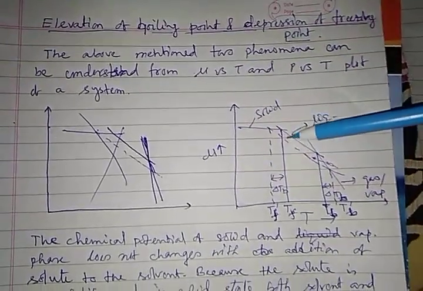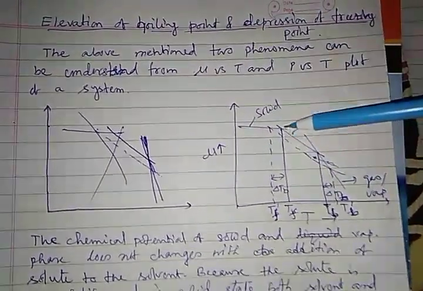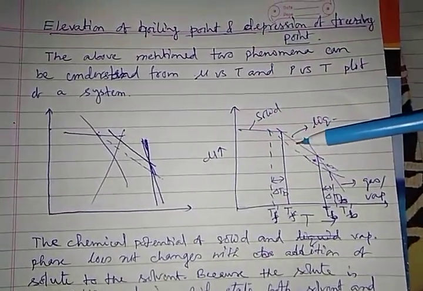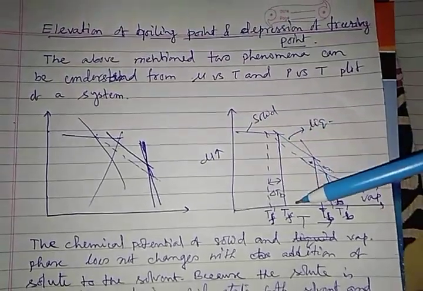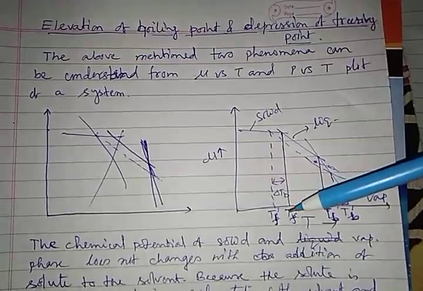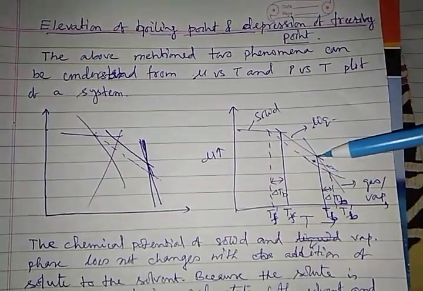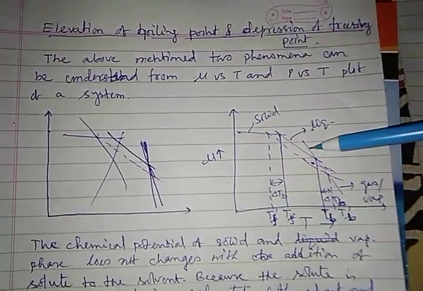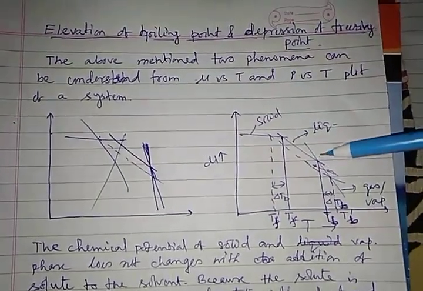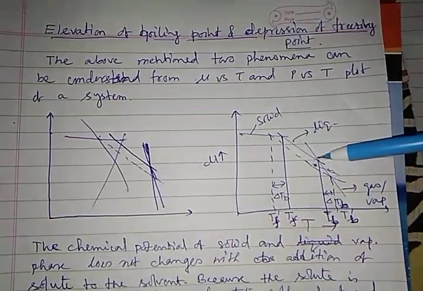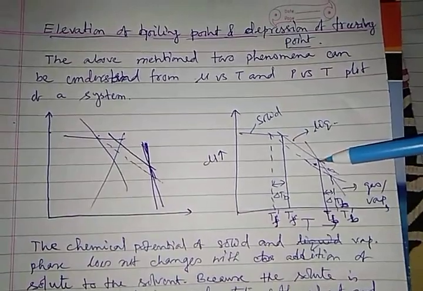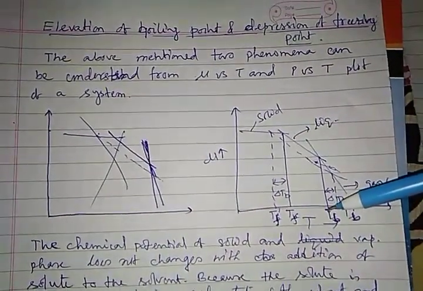Now the transition point, let's say this point where the solid line and liquid line touch, is my freezing point. Similarly, where the liquid line and gas line touch, that is the vaporization and liquefaction line, that is my boiling point.